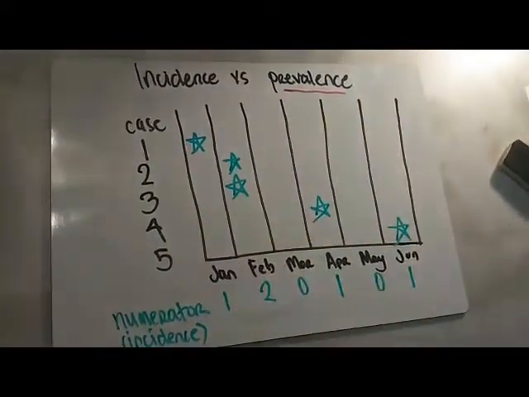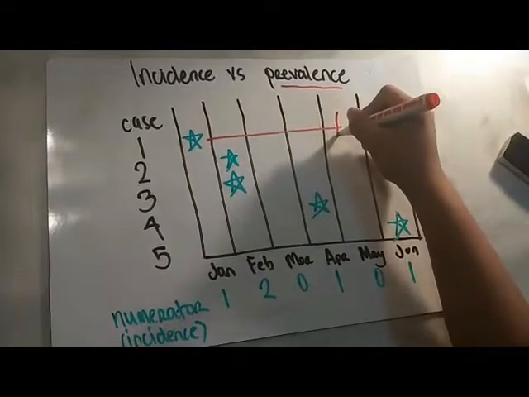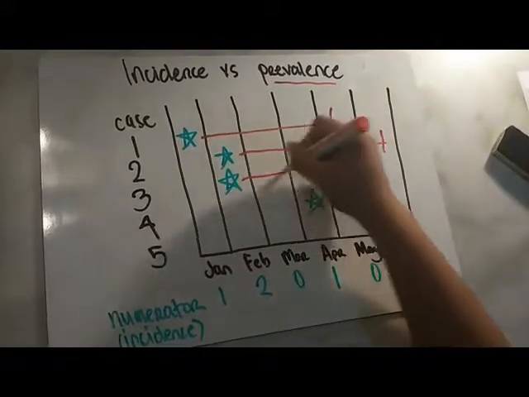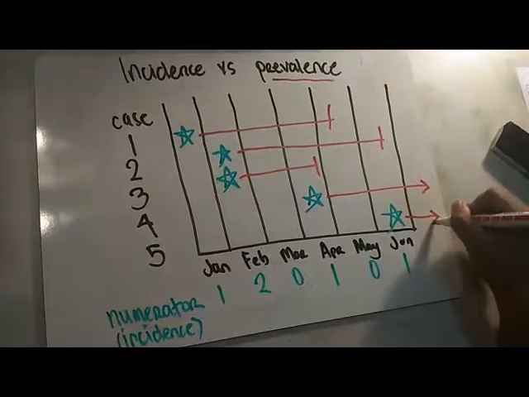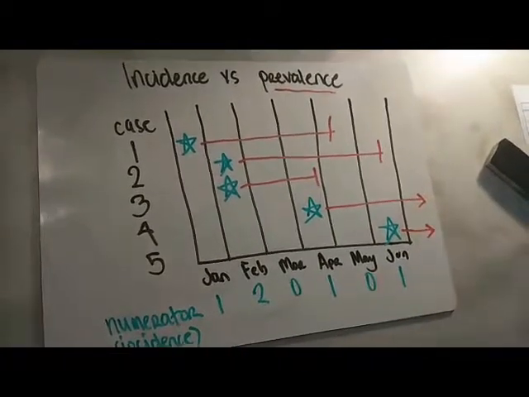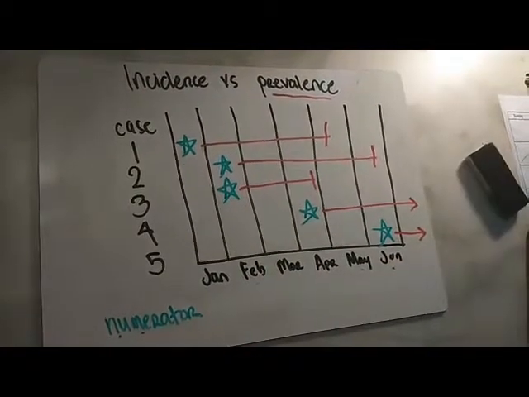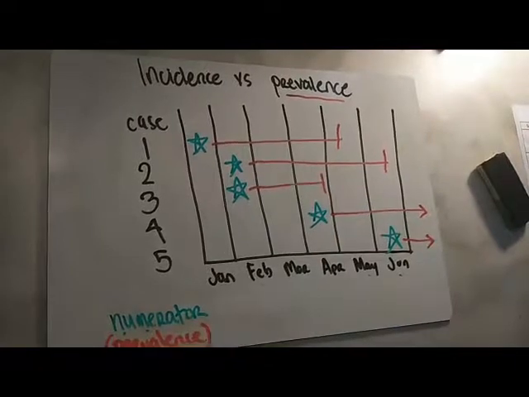Now prevalence also takes into account the duration of the disease. Let's say case number 1 is cured in May, case number 2 is cured in June, case number 3 is cured in April, and case number 4 and 5 during the second half of the year. Let's look at the numerator for prevalence of the disease, which would be the number of existing cases at a given point in time.